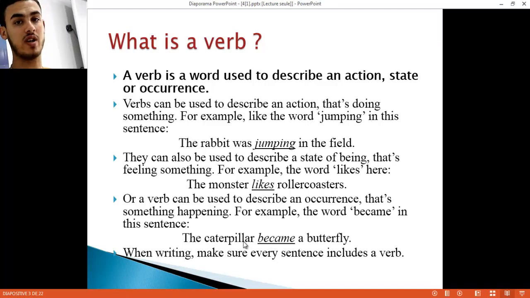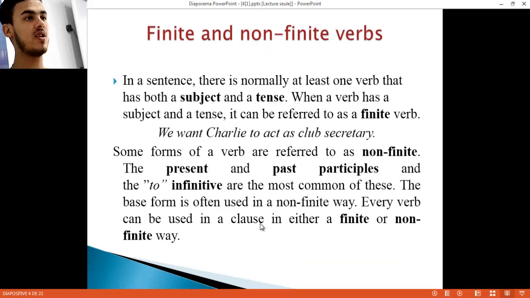When writing, make sure that every sentence you write contains a verb and a tense to give meaning to the sentence. We will see also what finite and non-finite verbs are. In a sentence, there is normally at least one verb that has both a subject and a tense. Each verb must contain its tense, and each sentence must contain a subject and a tense it is conjugated in.